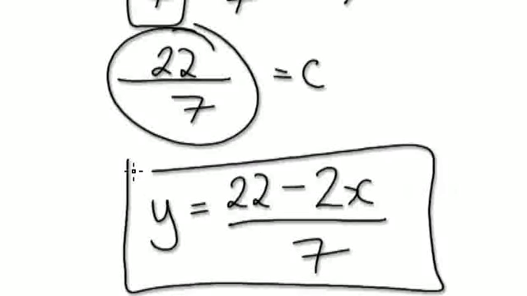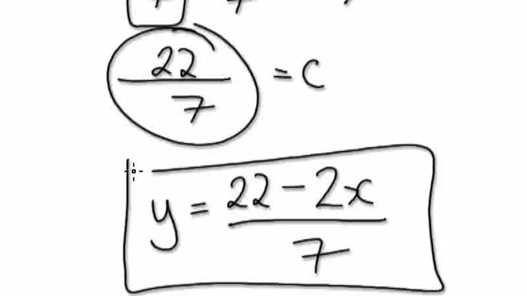So at x equals 100, y will equal 22 minus 2 times 100, which is 200, over 7. That would be minus 78 over 7. So y will be this.